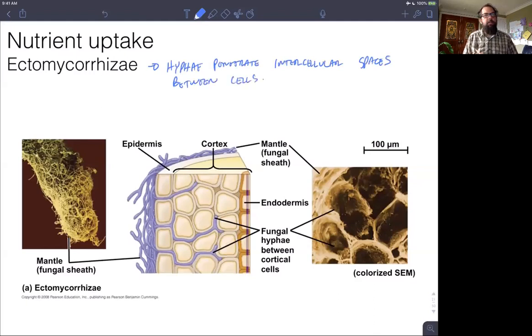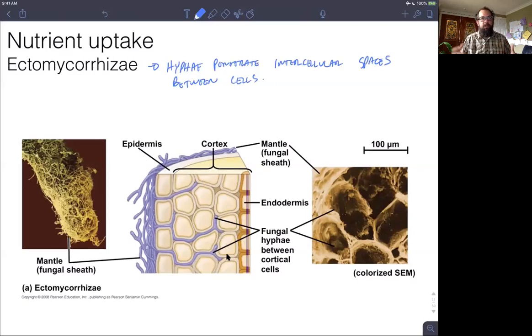And so this is through the apoplast. We've got these very porous cell walls, and these ectomycorrhizal fungi actually come in through the apoplast, in those spaces in between the cells and in that porous cell wall. And these all grow through them.